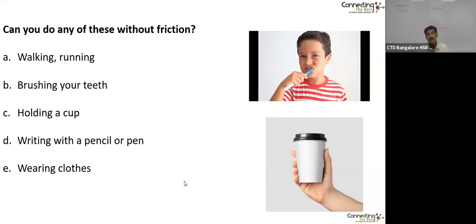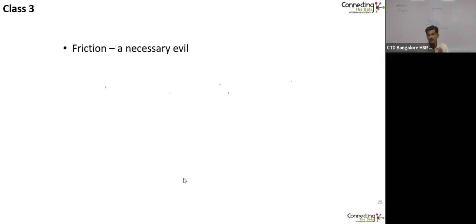So that is making the point that it is necessary. We need it, because without it, we cannot do anything. So friction is necessary. Friction is good. Otherwise, we can't walk, we can't run, we can't hold anything in our hands, we can't wear clothes, we can't write, we can't do anything. So friction is necessary.